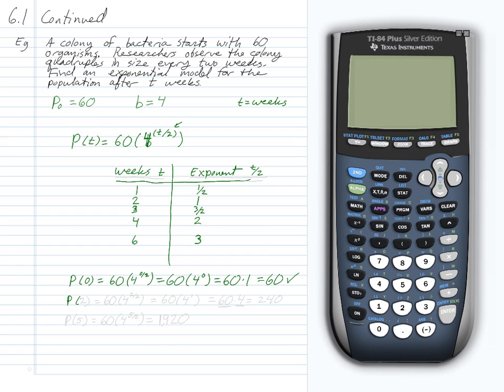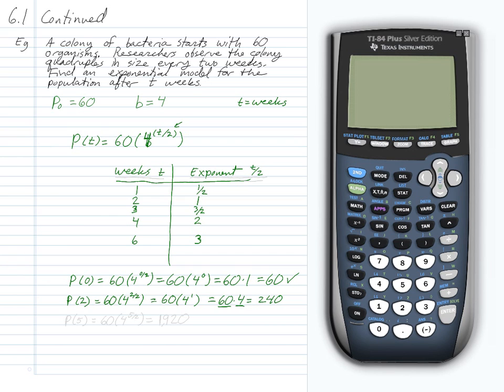So if we look at P of 2, that would be 60 times 4 to the 2 over 2. We'll simplify that exponent. That's 60 times 4 to the first, which is 60 times 4, which is 240. Exactly quadruple the original 60. Excellent.